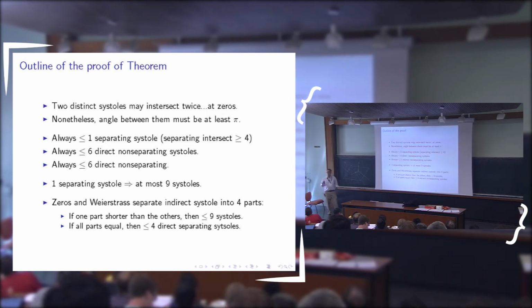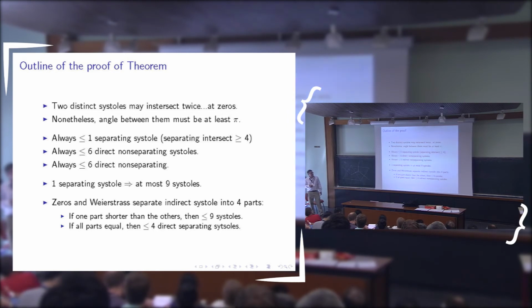These are the ones that join Weierstrass points but go through a 4 pi singularity. The hard thing that takes a lot of work is to show that the number of direct non-separating systoles is at most 6. That takes a bit of argument.